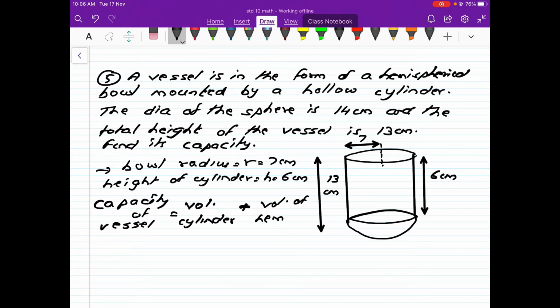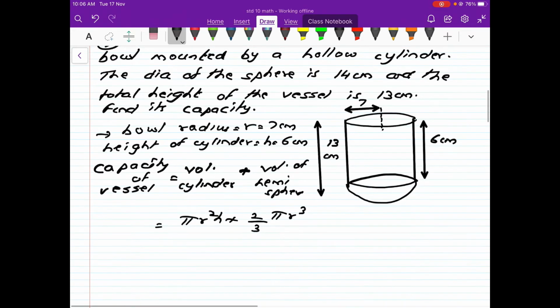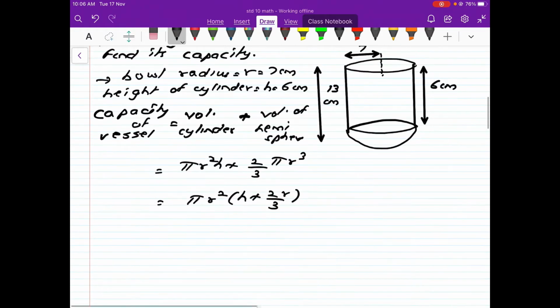So, when we add the two, we will get it. The volume of the cylinder is pi r square h, and volume of hemisphere is 2 upon 3 pi r cube. Now, we will club this and we find this is pi r square into h plus 2 upon 3 r. So, pi r square can be taken out common.